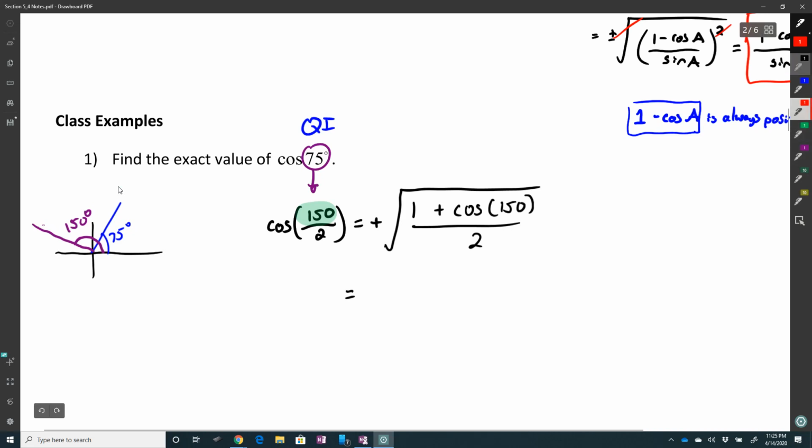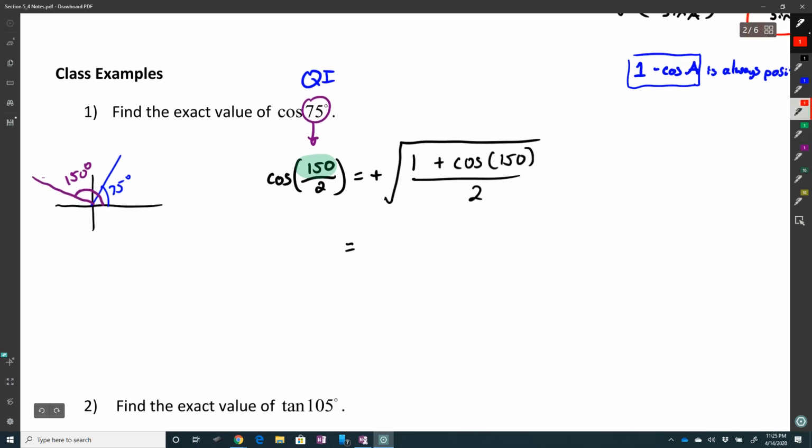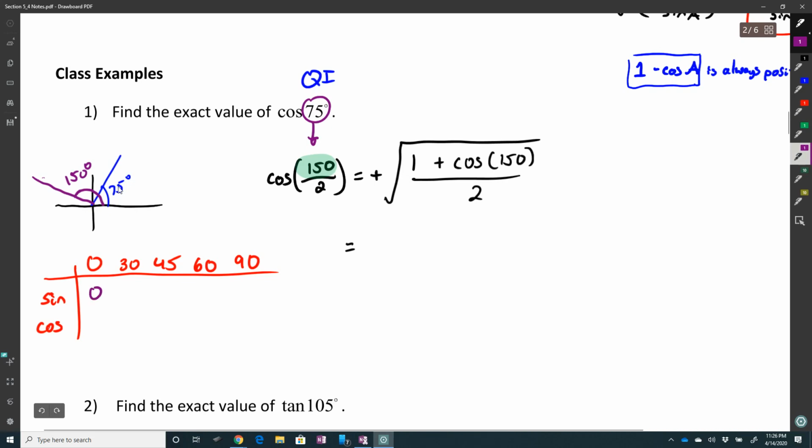is over here. And again, I always forget this, so just for the sake of tradition, I'm going to write this out. So here we have 0, 30, 45, 60, and 90. So the answers for sine would be 0, 1/2, square root of 2 over 2, square root of 3 over 2, and 1.